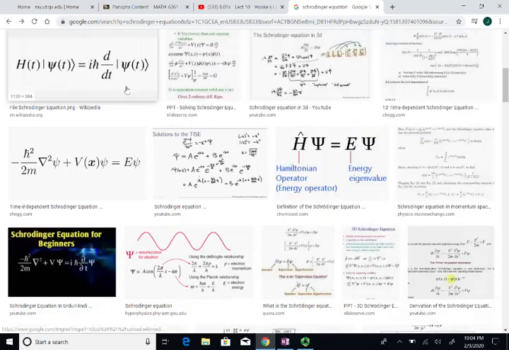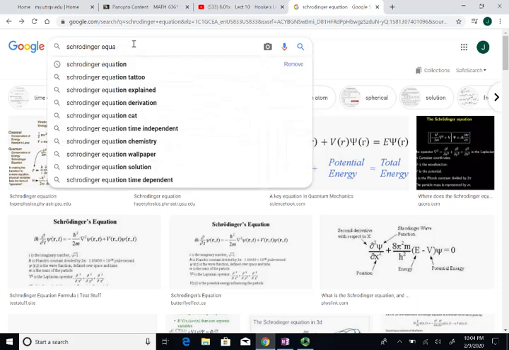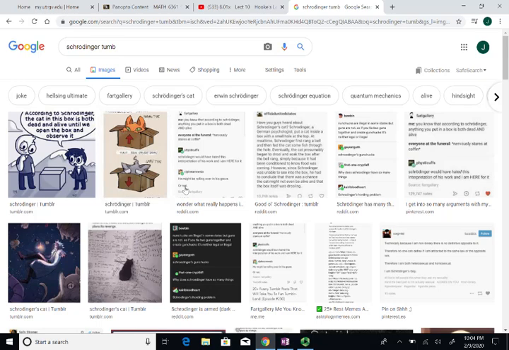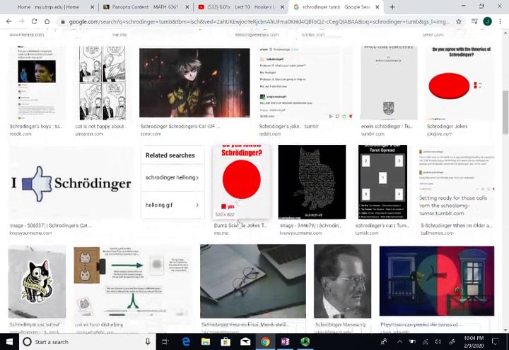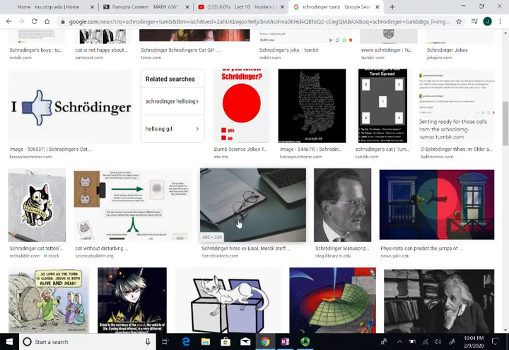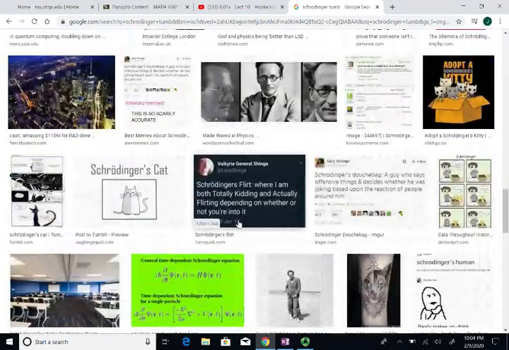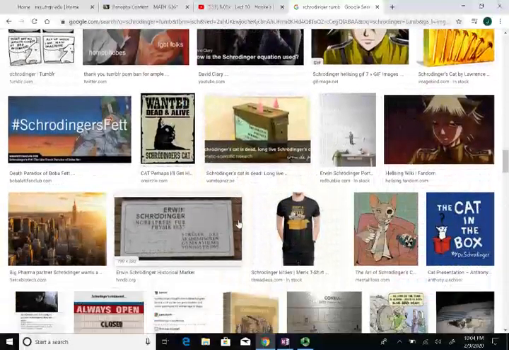of Schrödinger. So let me see Schrödinger equation. No, Schrödinger tomb. I know because my advisor sent me a picture. He was visiting Schrödinger's tomb, and he was sending me a picture, but I don't see it.